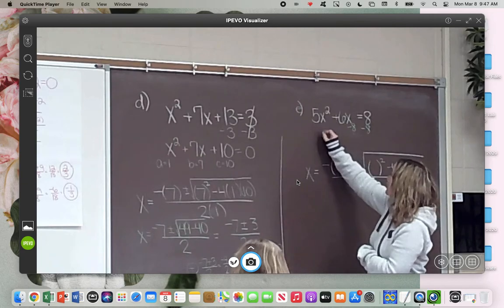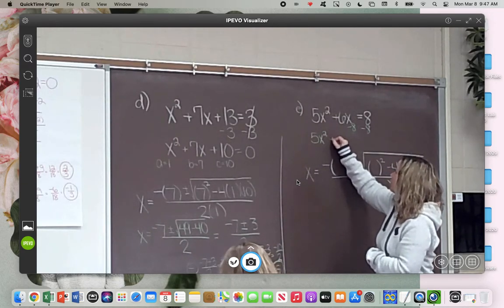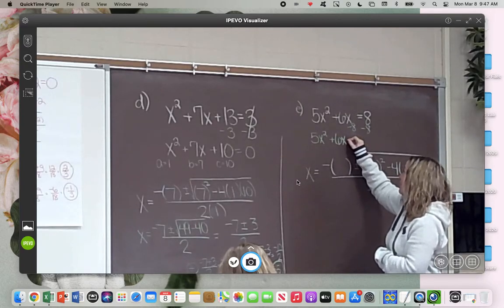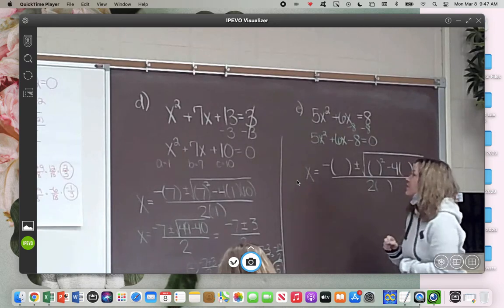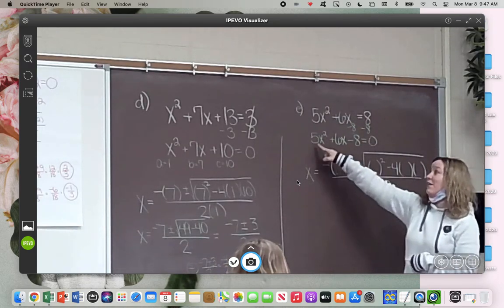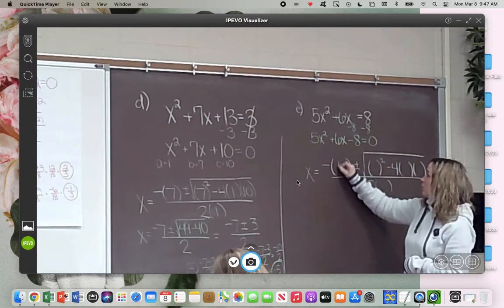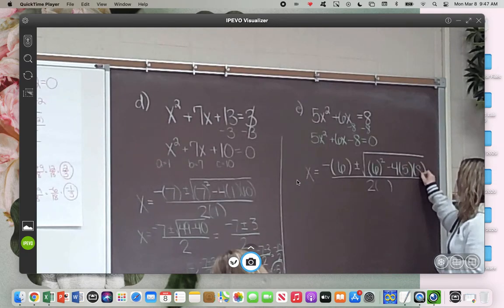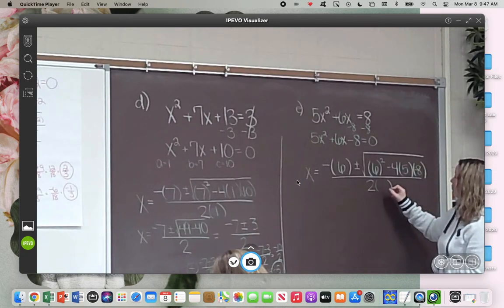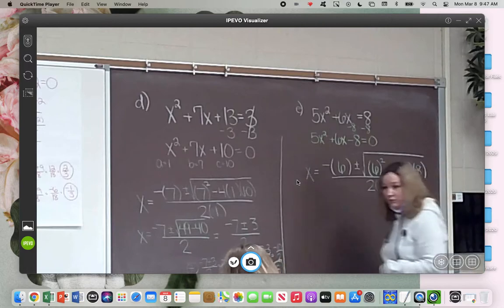So we are actually going to do the formula with 5x squared plus 6x minus 8 equals 0. So now we have an A, a B, and a C. Don't forget, when we subtract that 8, that C is now a negative 8.